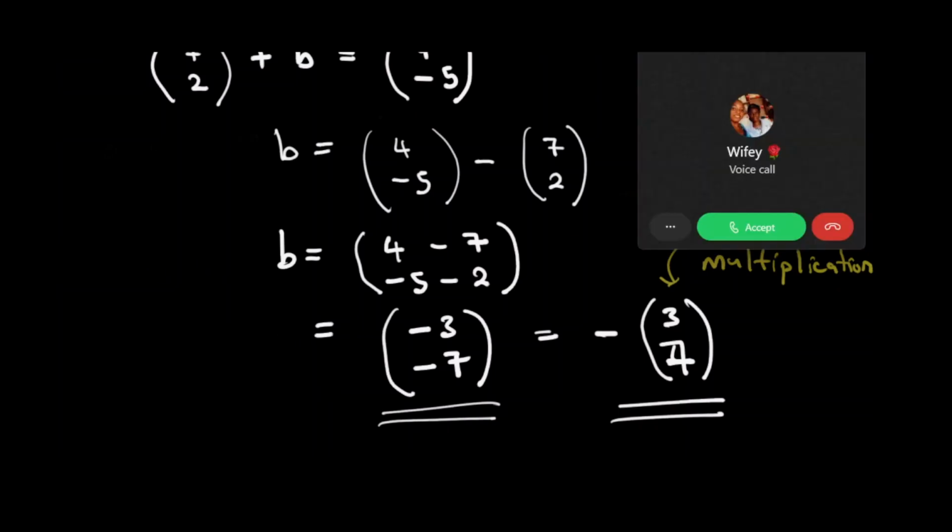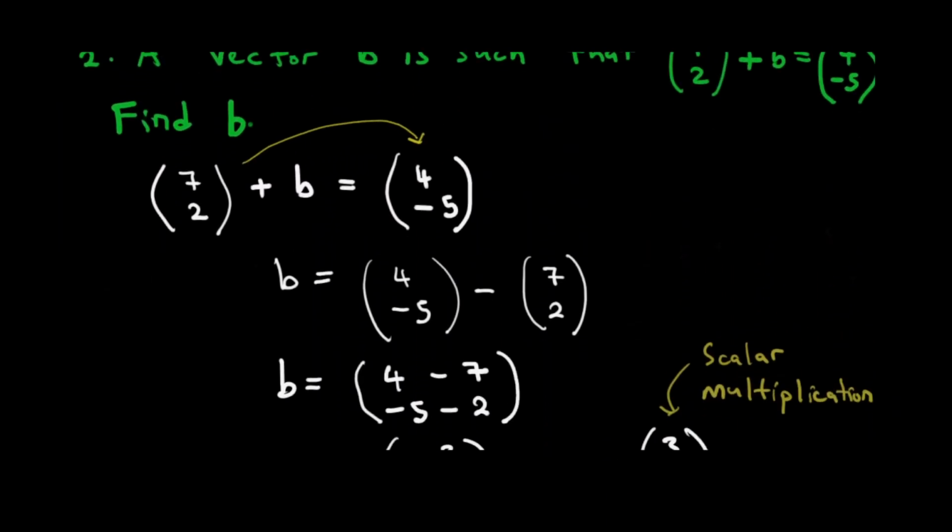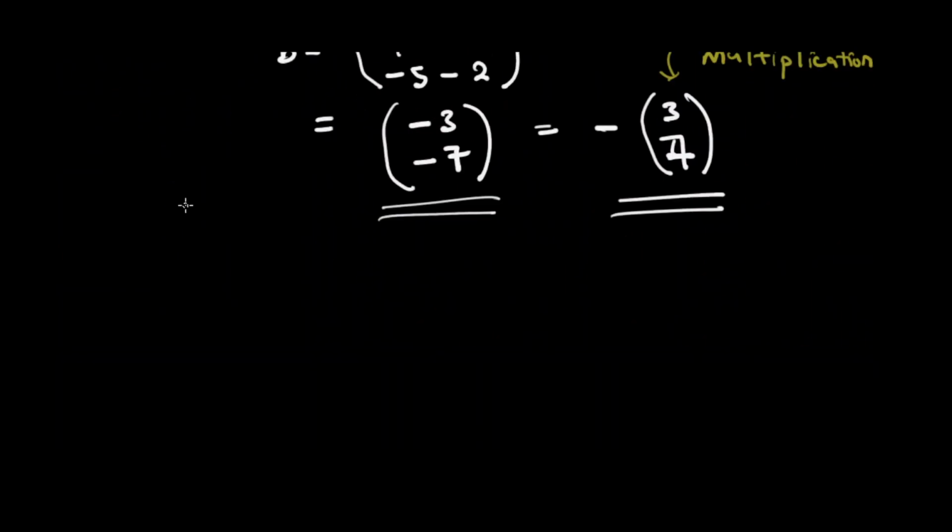Tinozoona sei. Titi prove answer yedu, zvatinoita tichaita rewrite this expression yakanzi 7 2 plus b is equal to 4 minus 5. Saka our proof is not part of the solution. Kureva kuti when you are answering this question, you are not required kuti uise proof. Proof ndinoisa yenini because I am a math instructor.